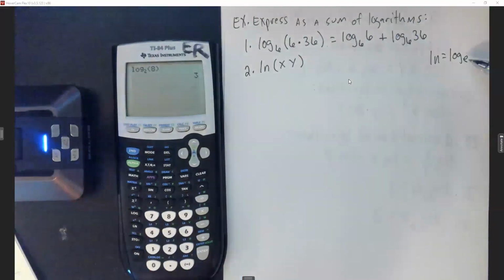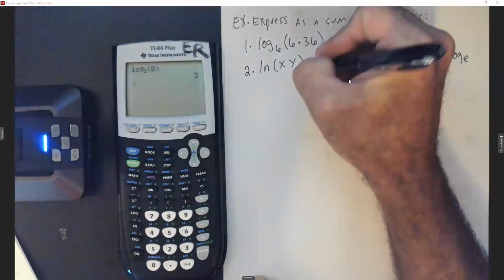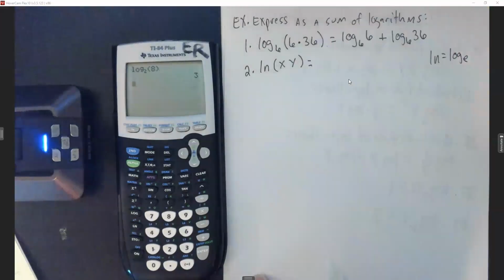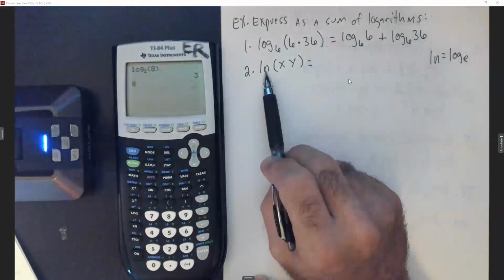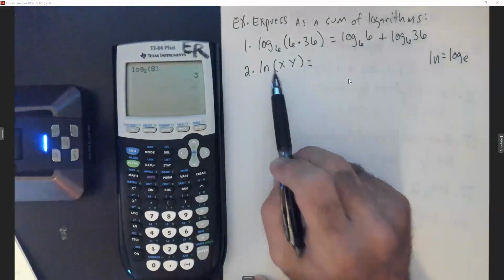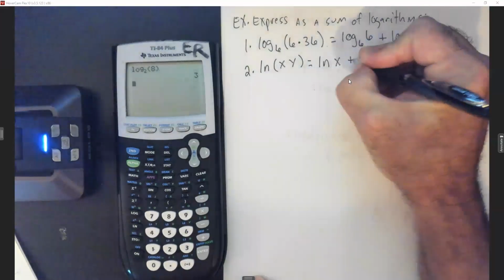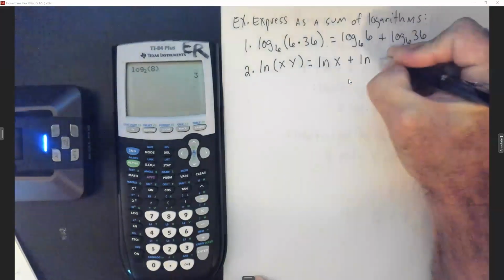And if you're in business classes, you'll play with this ln a lot more, okay? But all we want to do is rewrite this product as a sum. So I'm going to distribute the ln to both of these. So I get a ln of x plus ln of y.